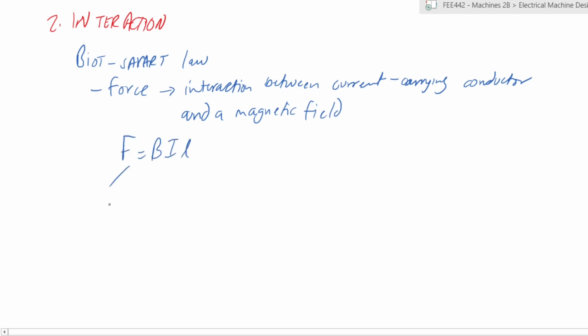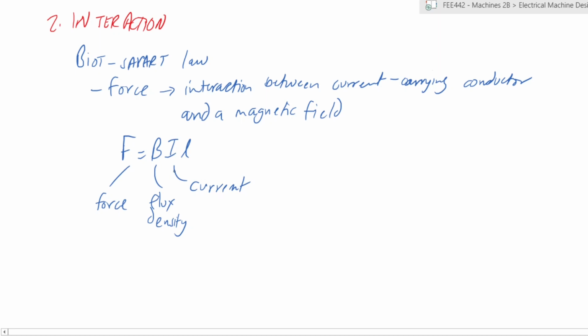that. So whereby that is your force, that is the magnitude of the flux or the field density to be specific, and you have current flowing. In this case, you need a current to be flowing for the force to be present.